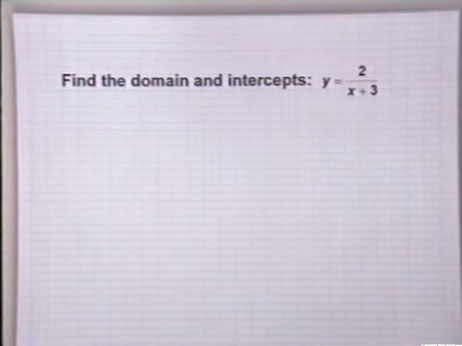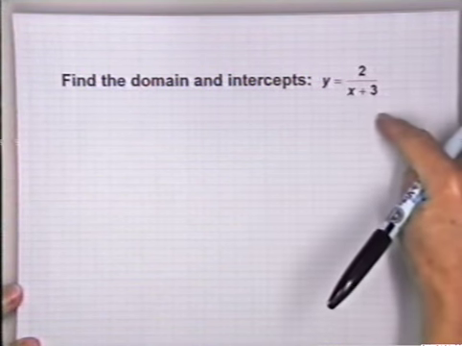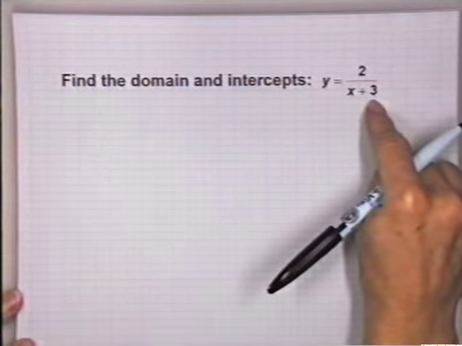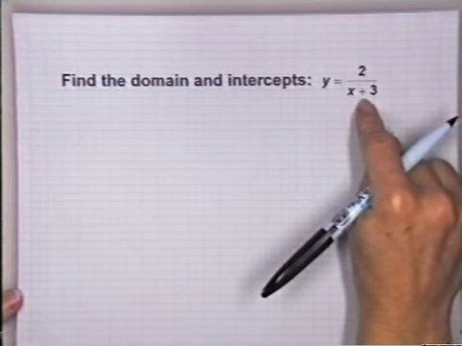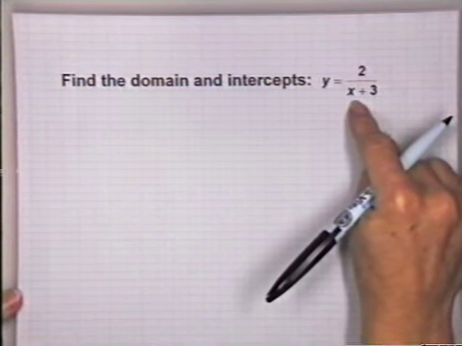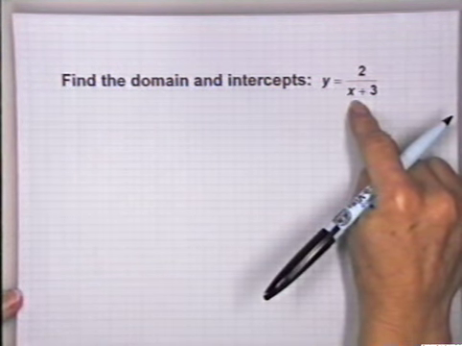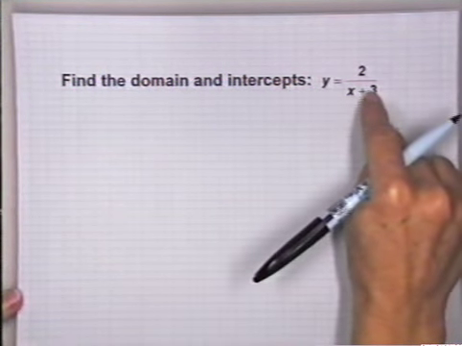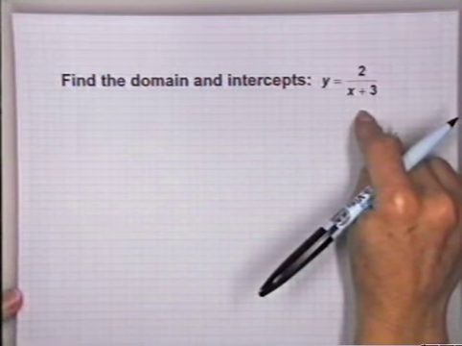And of course, the important thing for us, just as we mentioned a moment ago in the definition, is that whenever we have a fraction or a quotient, our denominator cannot be 0. So we know in looking at this function right here that it is not permissible to let x equal negative 3. The reason that is not permissible is because negative 3 plus 3 would give us a 0 denominator.